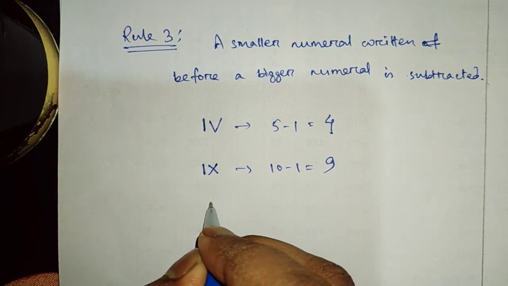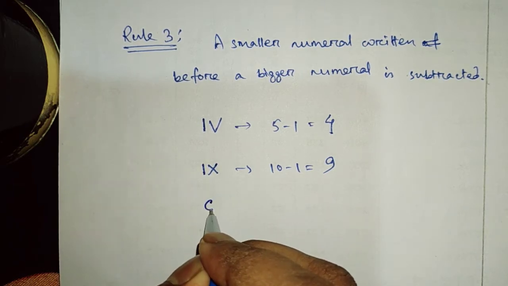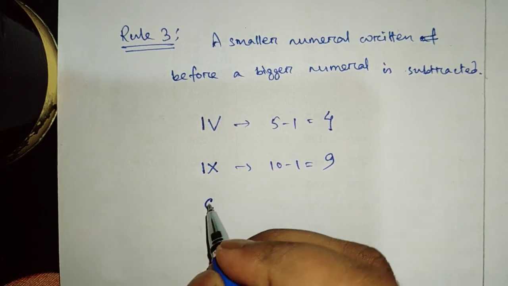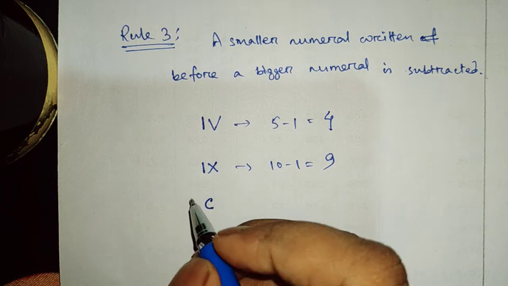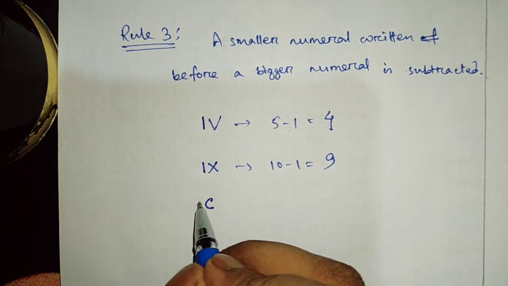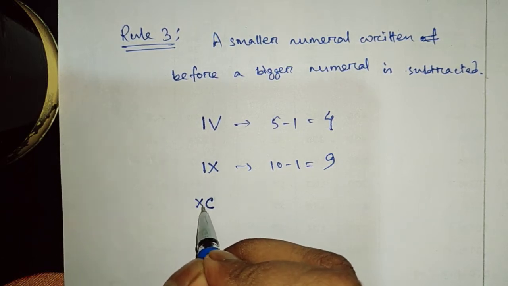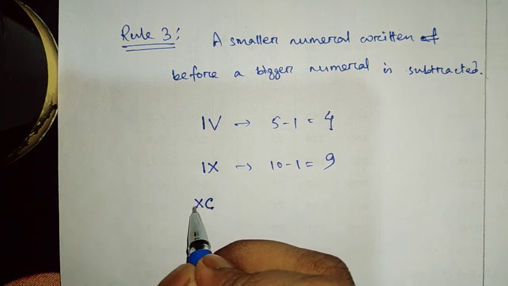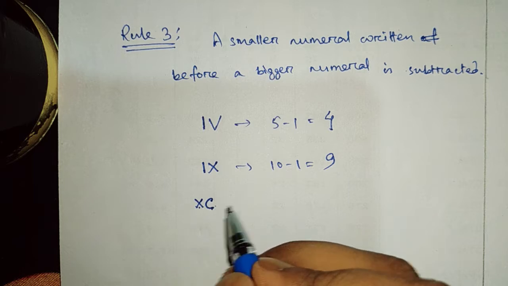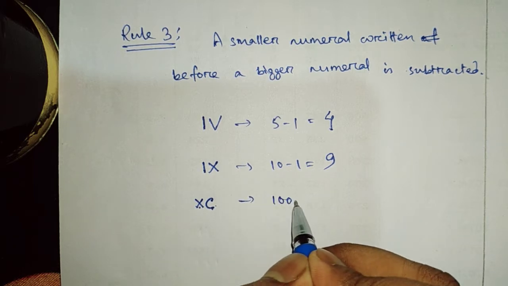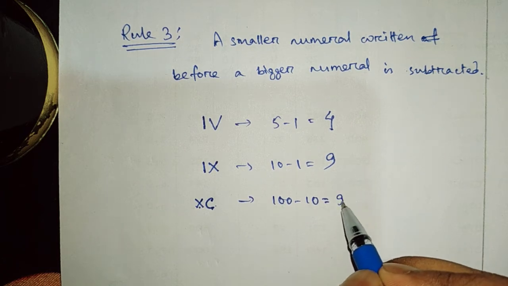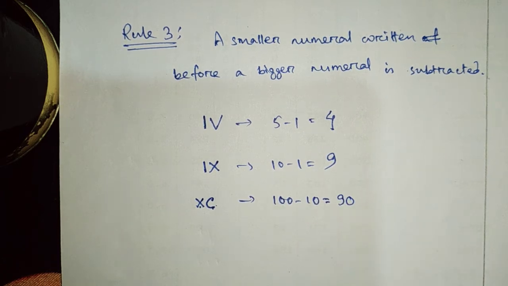Similarly, suppose we have the numeral C. C means century, 100. So before C, if we write X, 10, that means 100 minus 10, which will be 90.